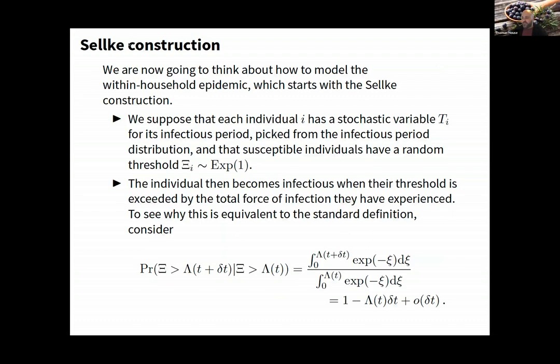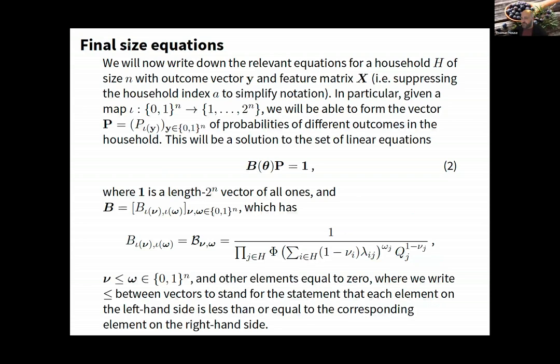So the maths is there for people who are interested in it, but basically what you need to do to get the insight out of the data to do with clustering formally is solve these Ball equations. Because the outcomes are not independent, whether I get COVID depends on whether someone I share a household with gets COVID, not just on my properties or some random effect of the household, right?